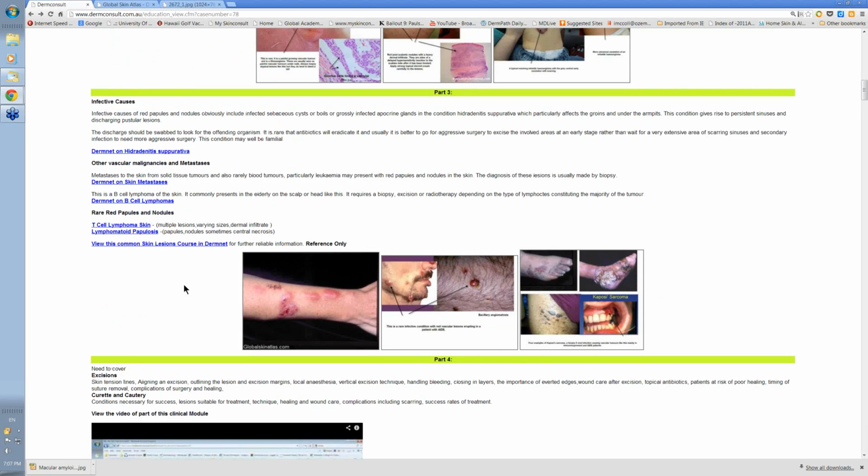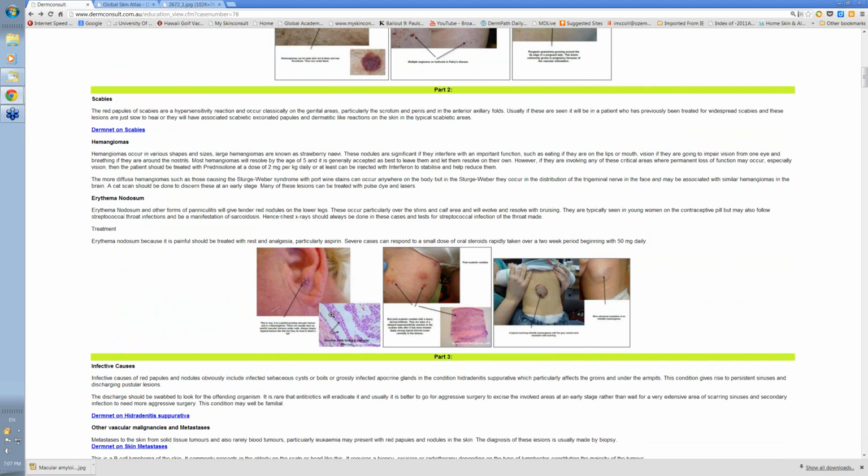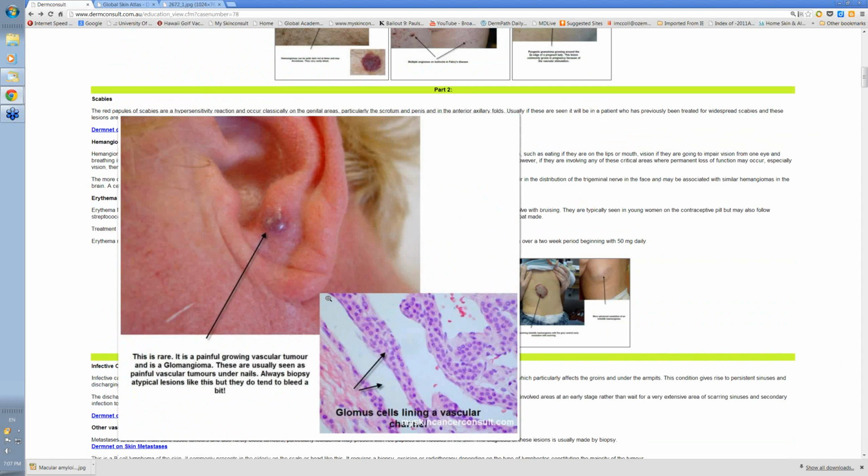The other thing that we did want to talk about were glomus tumours. Now, most glomus tumours that you're going to see are going to be painful, small purplish discolorations under a nail, and that's where you're most likely to see these lesions.